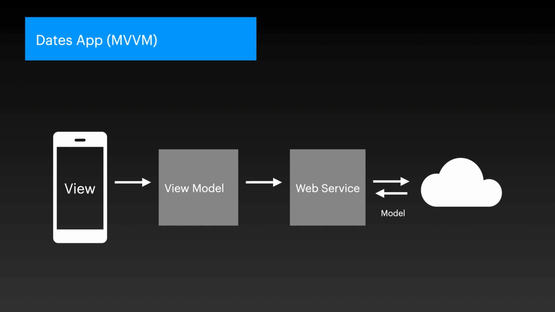Once the web service receives the model from the cloud, the web service is going to give the model back to our view model, where it would be converted to a view model, and then finally the view model is the one providing the data to the view to be displayed on the screen.